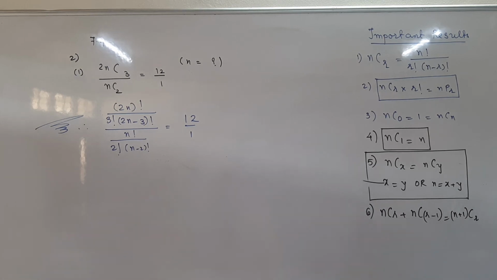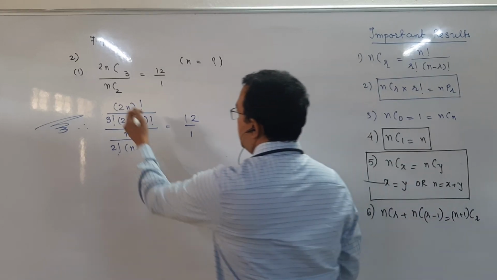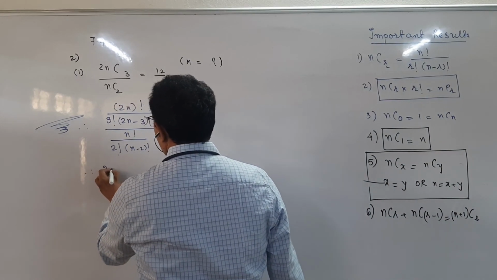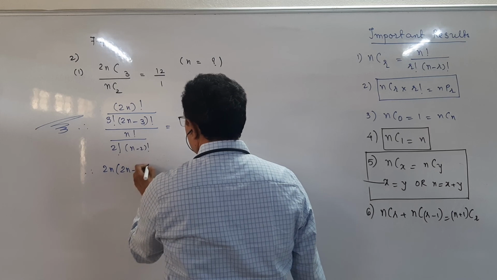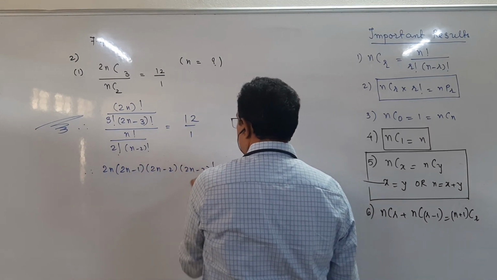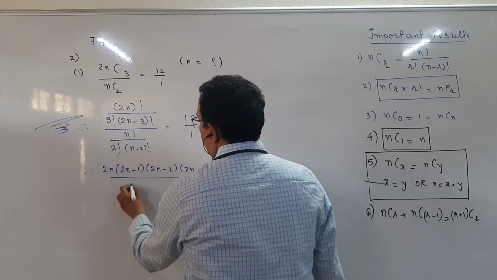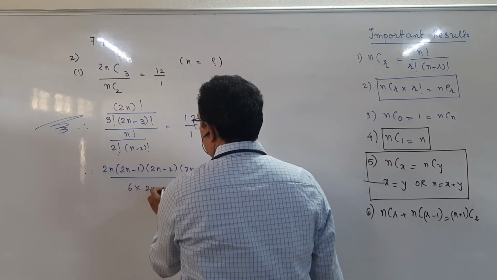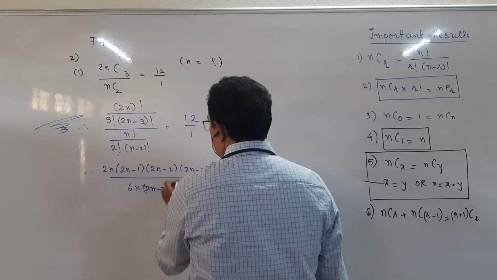Now reduce 2n up to 2n minus 3 here. So from 2n, if I remove 1, I will get 2n minus 1. If I remove 1, then 2n minus 2, and then I will get 2n minus 3. 3 factorial is 6 into 2n minus 3 factorial. So this gets cancelled.